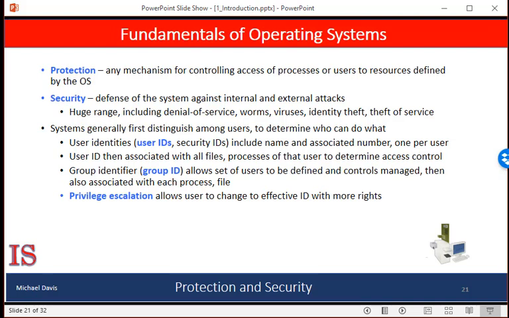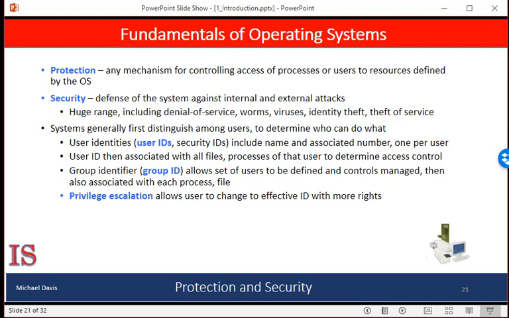A system can have adequate protection but still be prone to failure and allow inappropriate access. Consider a user whose authentication information, ID and password, is stolen. Her data could be copied or deleted, even though file and memory protection are all working. It is the job of security to defend the system from external and internal attacks.